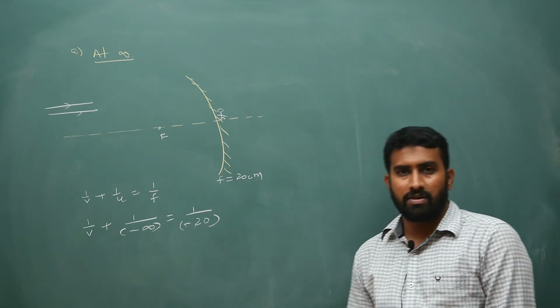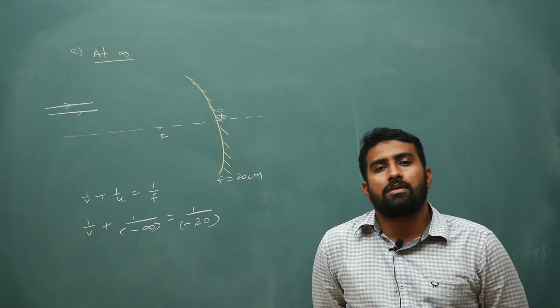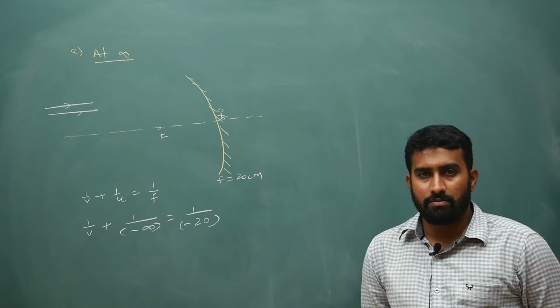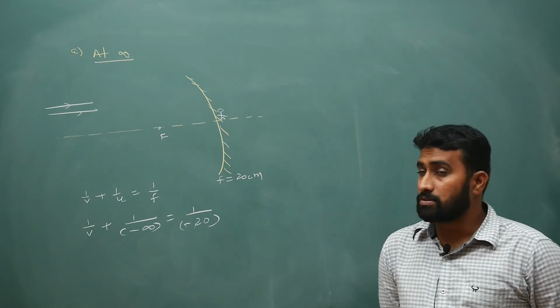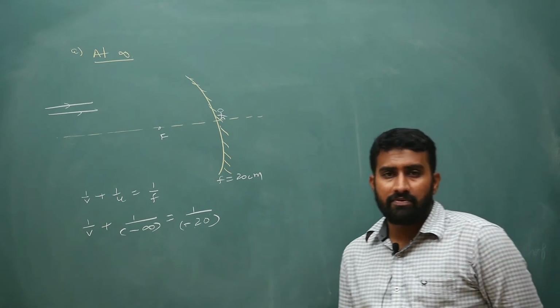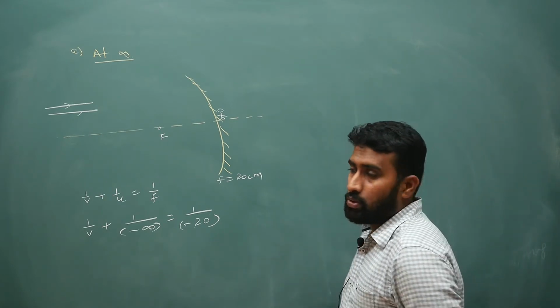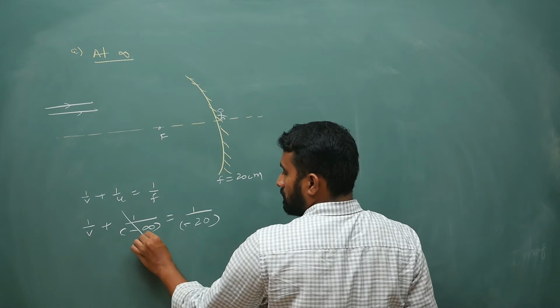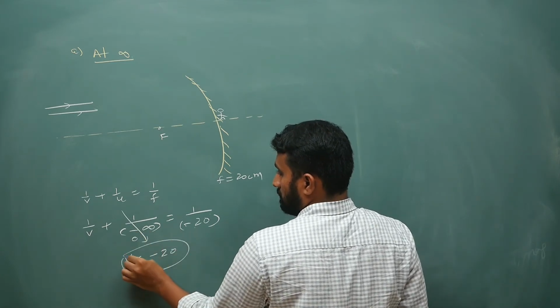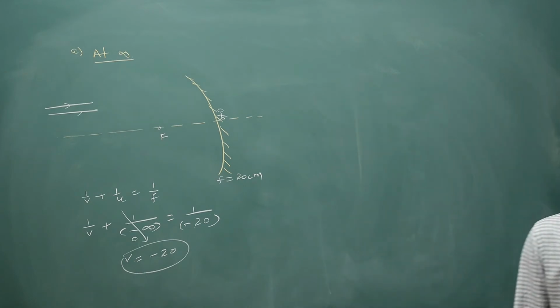Whatever is positive plus whatever is negative, keep minus sign: in the direction of incident ray positive, against incident ray negative. Any number by infinity is 0, so this term will become 0. v you are getting as minus 20.